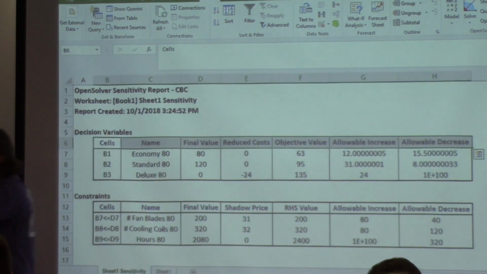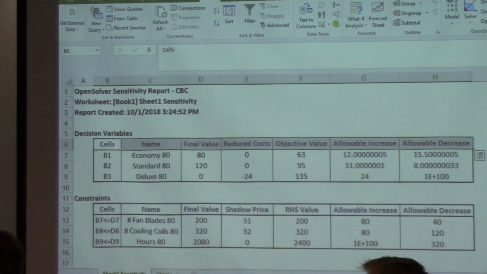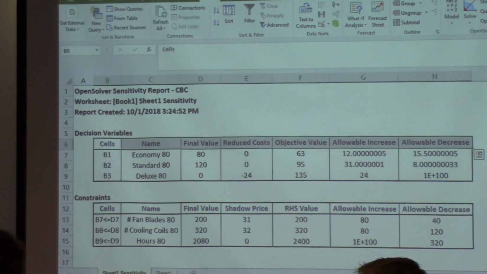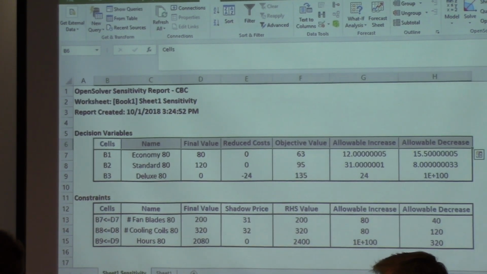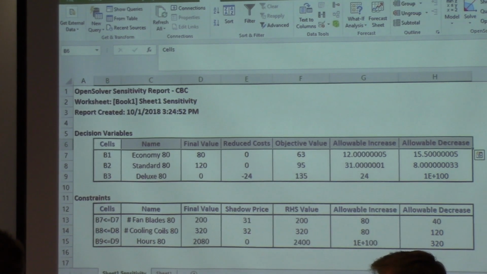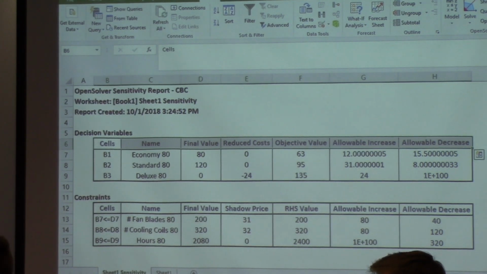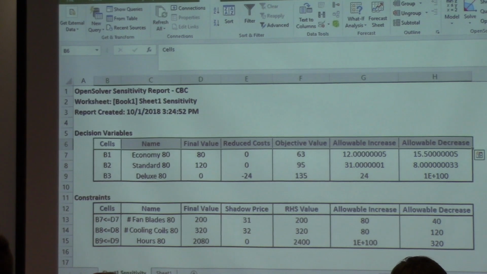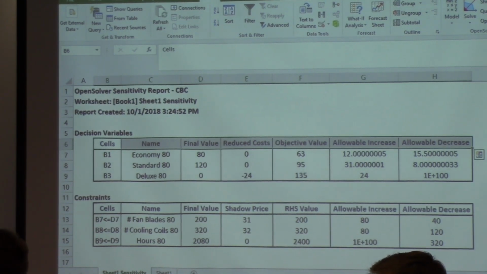What you're going to do is take your coefficient value, for instance, here, 63, and you can add 12 to it, and you get 75. You subtract 15.5 from it, and you get 47.5.